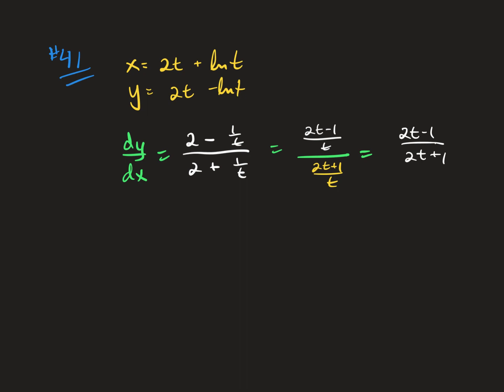And now let's do the second derivative. The second derivative of y with respect to x will be the derivative with respect to t of the first derivative, all over dx/dt once again.